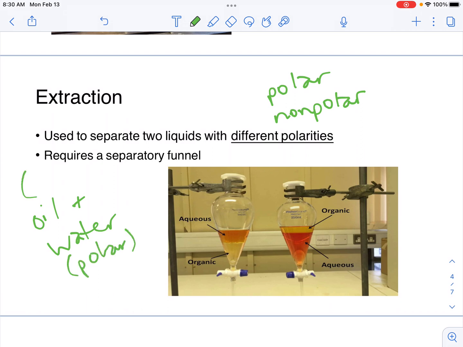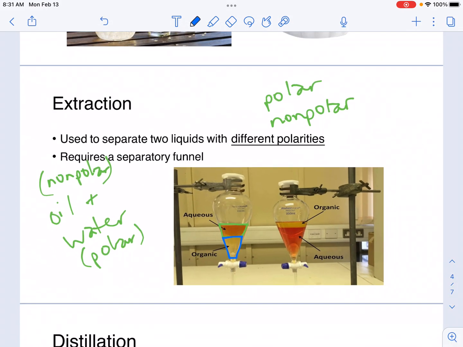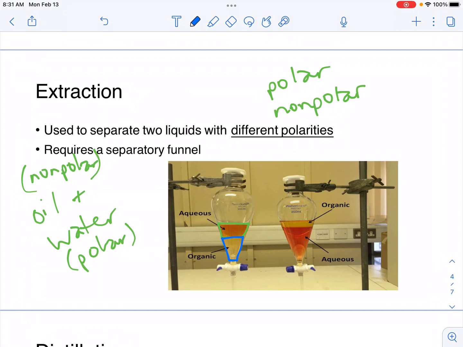We know that that oil is nonpolar. And so if I shake those up, eventually I'm going to get two different layers, right? I can have an aqueous layer, and I can have an organic or the polar or the nonpolar layer. So based on those polarities, if I separate them out, then I can get one liquid or the other.